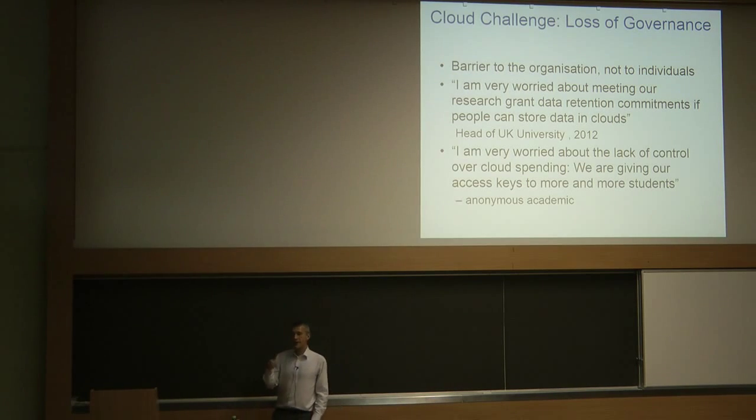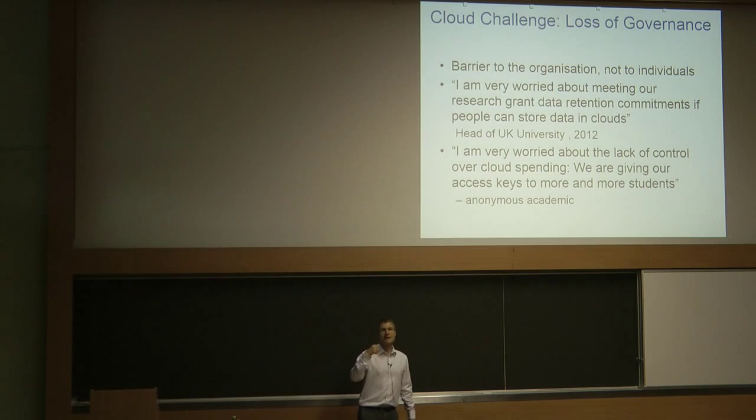And even researchers like me often worry about the size of the credit card bill that my research group gets at the end of the month, because all of our clever research students are finding new things to do on a cloud. And it can go up and up and up, and sometimes you're never really sure why. So even for research groups, it can be a concern, this lack of governance.